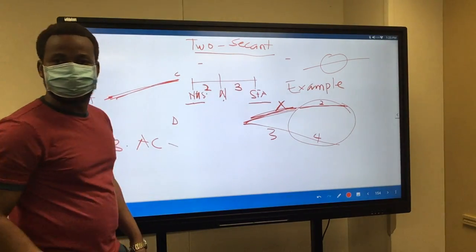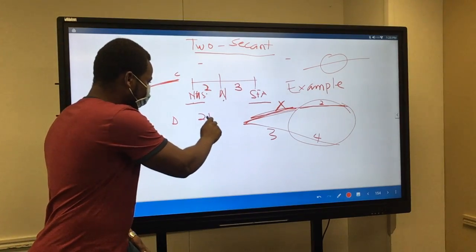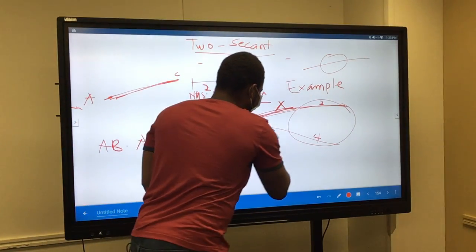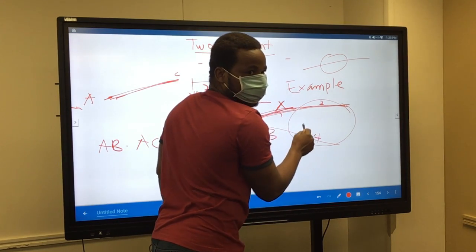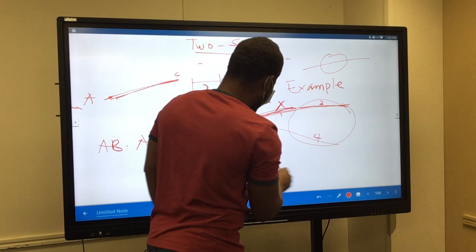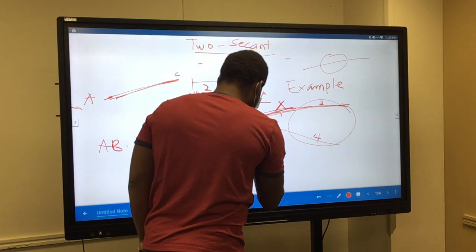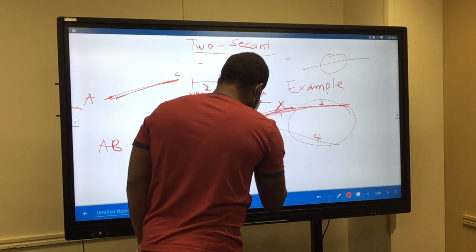You added 2 plus 3. Now, the same thing: the whole length will be whatever is here plus that, so X plus 2.